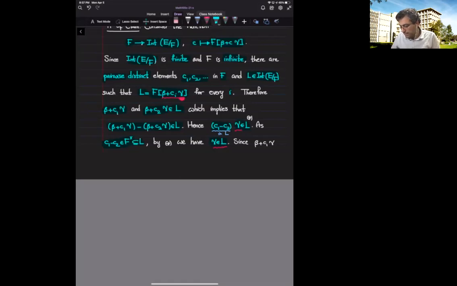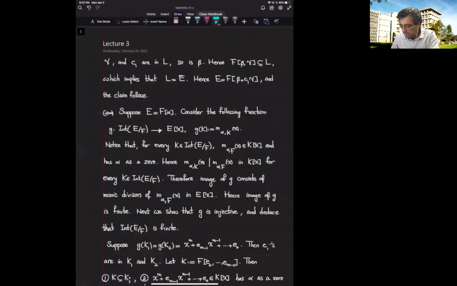So again, beta plus C1 gamma is inside L. C1 itself is inside L. Gamma is inside L, and therefore beta is also inside L. So both beta and gamma are inside L. F is also a subfield of L. Therefore, the field generated by F, beta, and gamma is a subset of L.